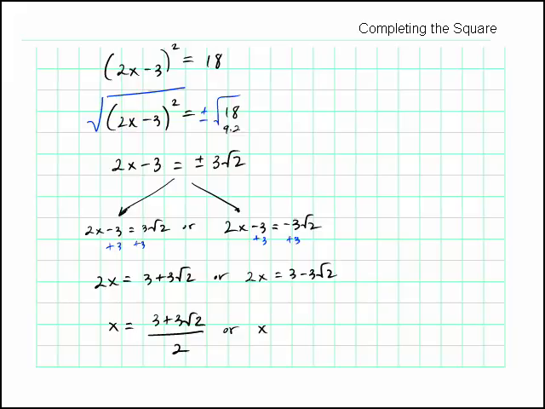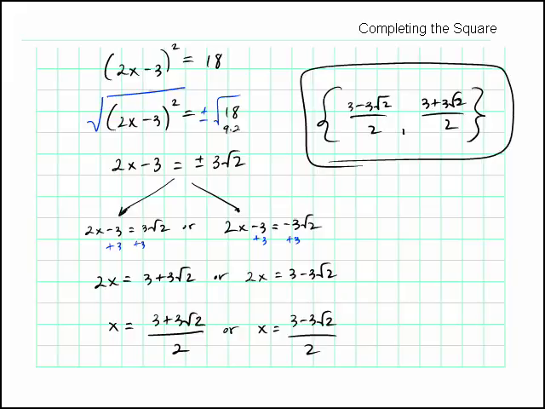And dividing by 2 gives me 3 minus 3 square root 2 all over 2. And so the two solutions to this equation are 3 minus 3 square root 2 over 2 and 3 plus 3 square root 2 over 2. Sorry, I think I said that wrong. And there they are, both solutions to the equation.